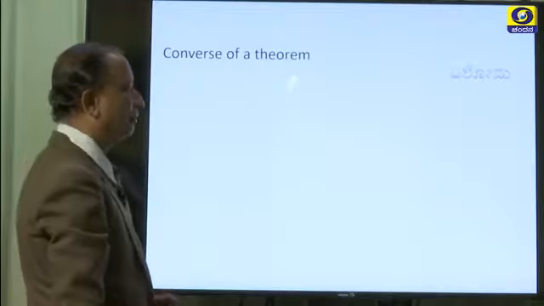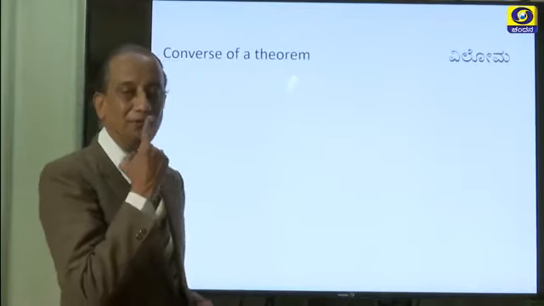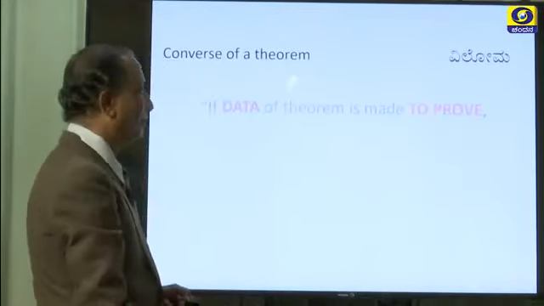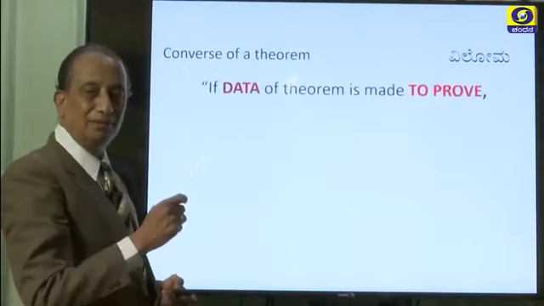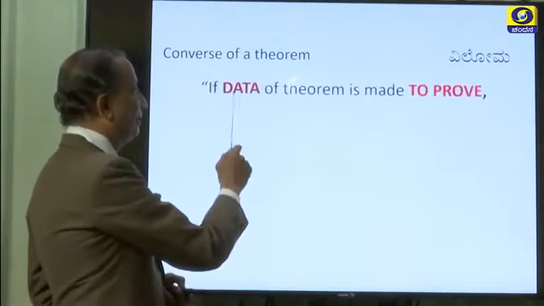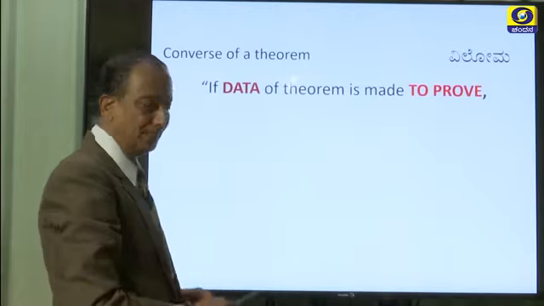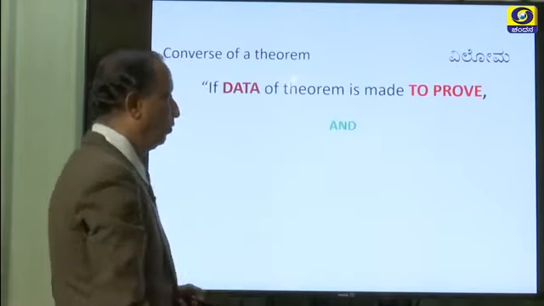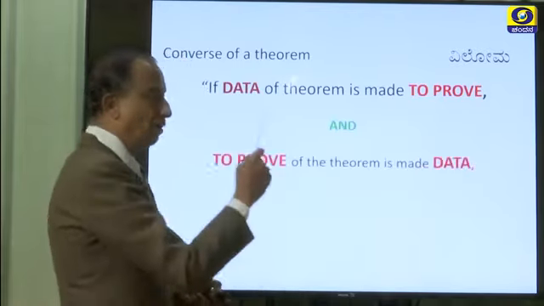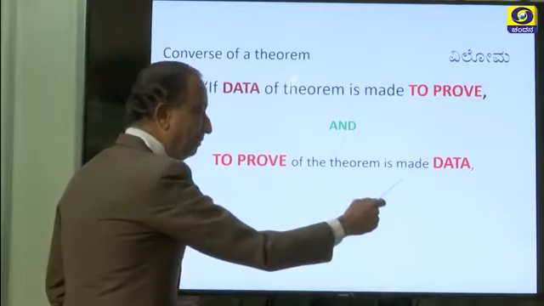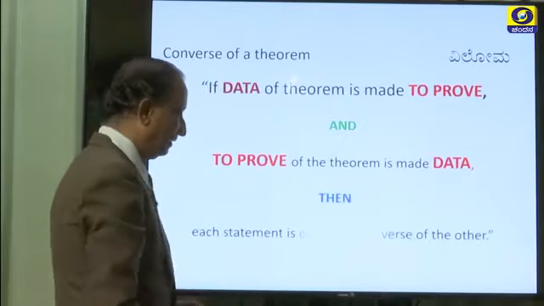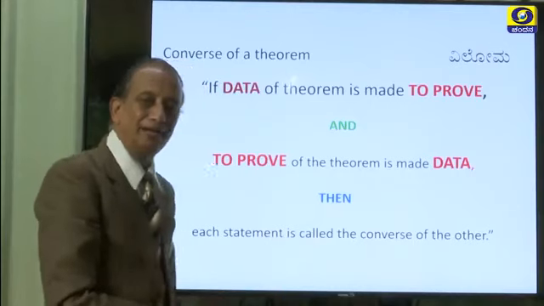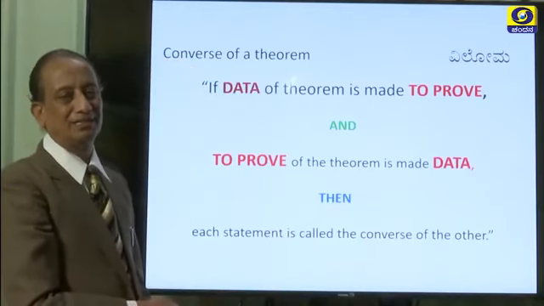The converse of a theorem can be defined like this: if the data of a theorem is made the to-prove, and the to-prove of the theorem is made the data, then each statement is called the converse of the other.